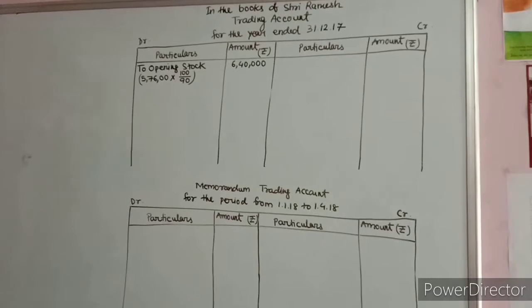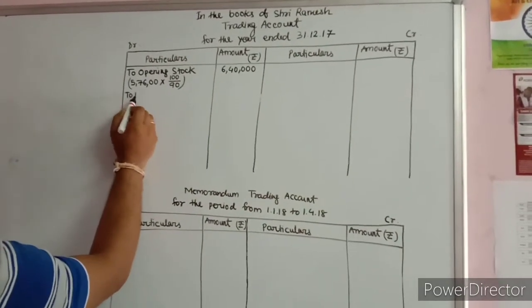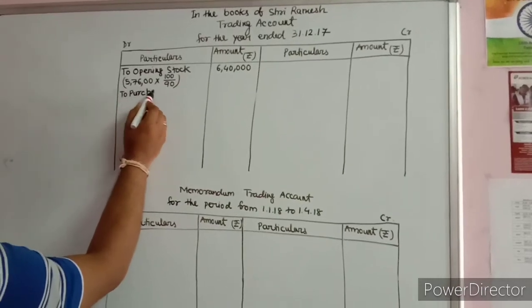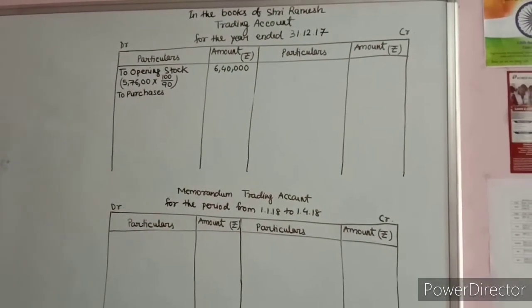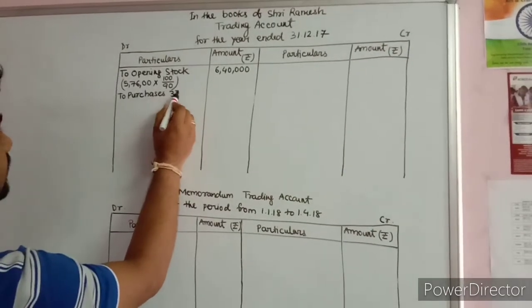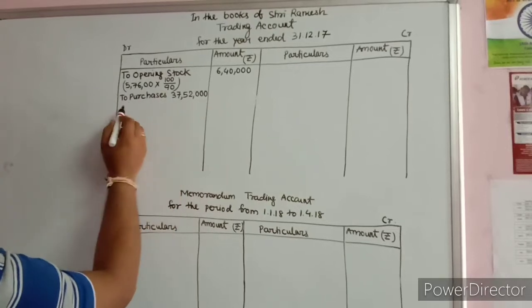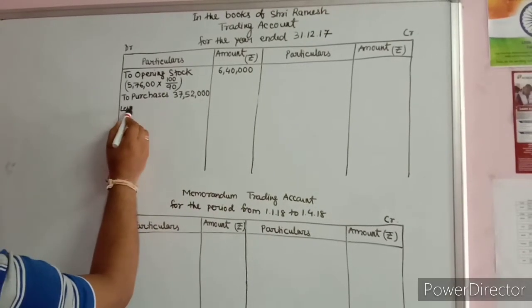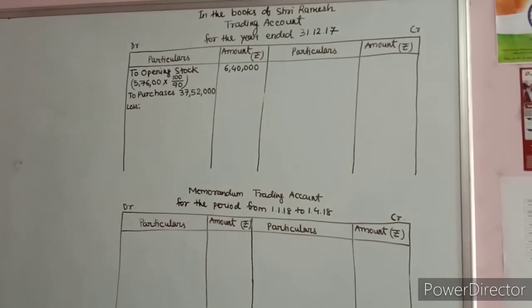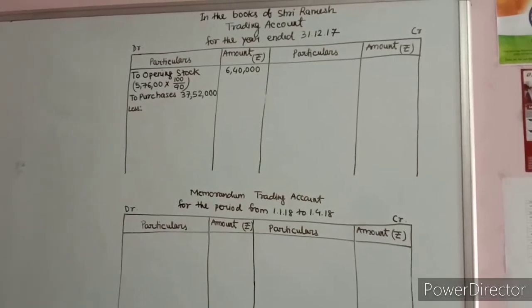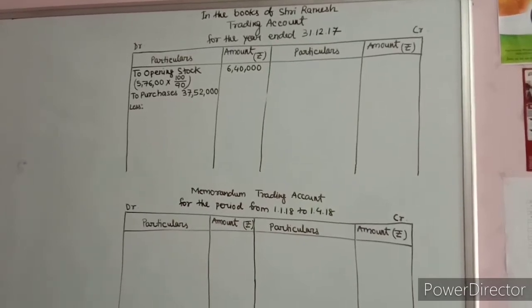Then you have next the amount of purchases. The amount of purchases is 37,52,000. Then what you can do is that you deduct consignment loss. You have seen in the question, in the year 2017, Sri Ramesh had a loss by sending goods to consignment worth rupees 2 lakh.